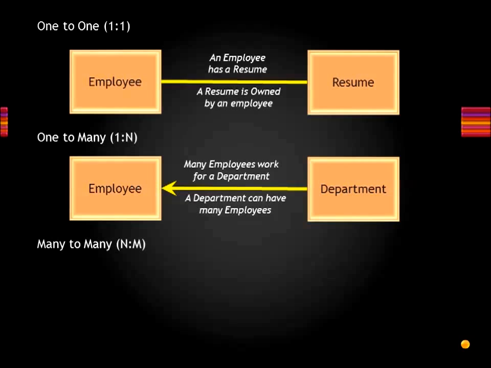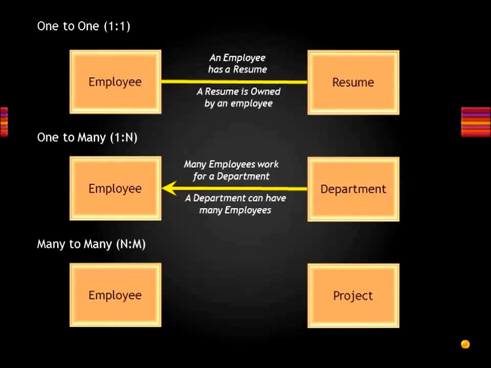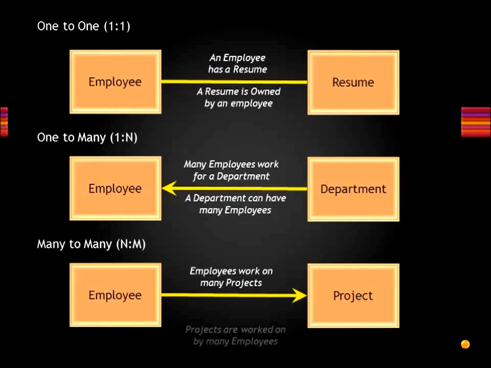Next type of relationship is a many-to-many relationship. For example, the relationship between employee and project table is a many-to-many relationship. Many-to-many relationship happens when for every record in one table, you have multiple records in the other table, and the other way around.